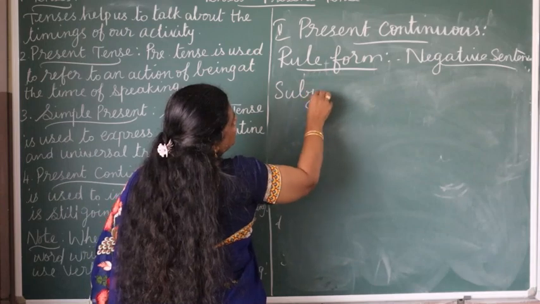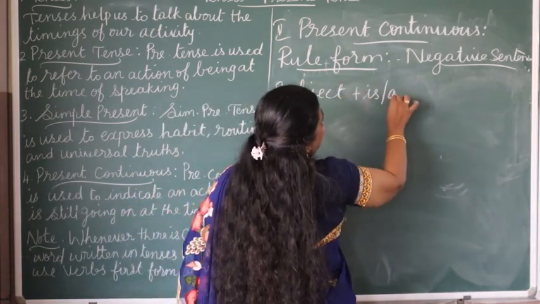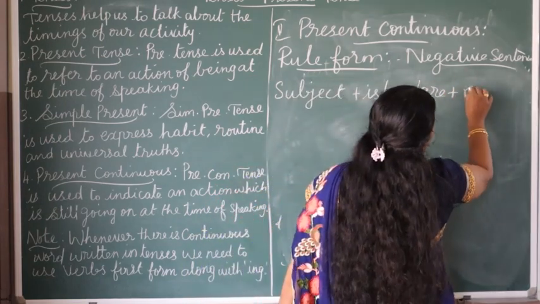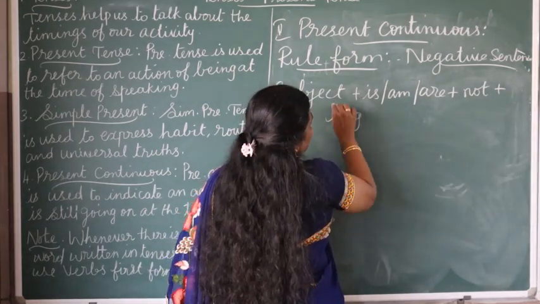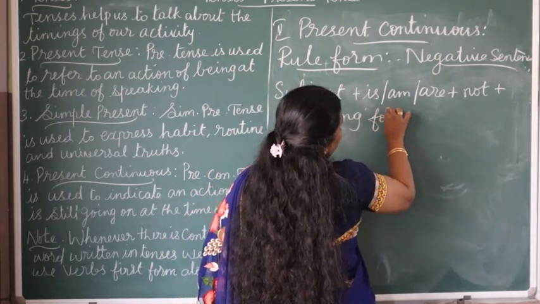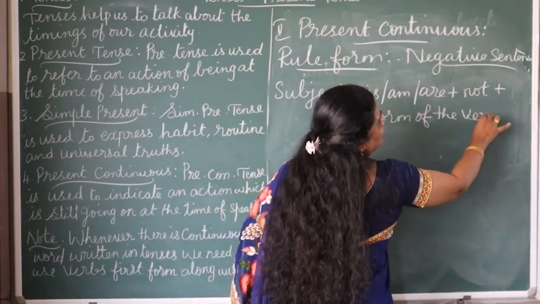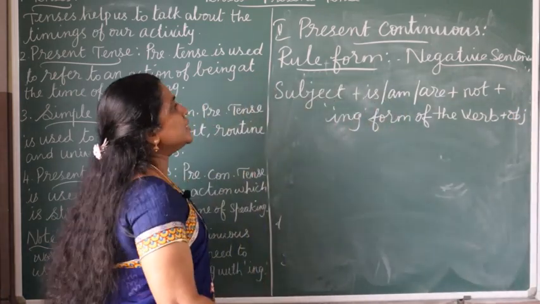Subject plus is, am, are plus not plus ing form of the verb plus object. So here are some examples.